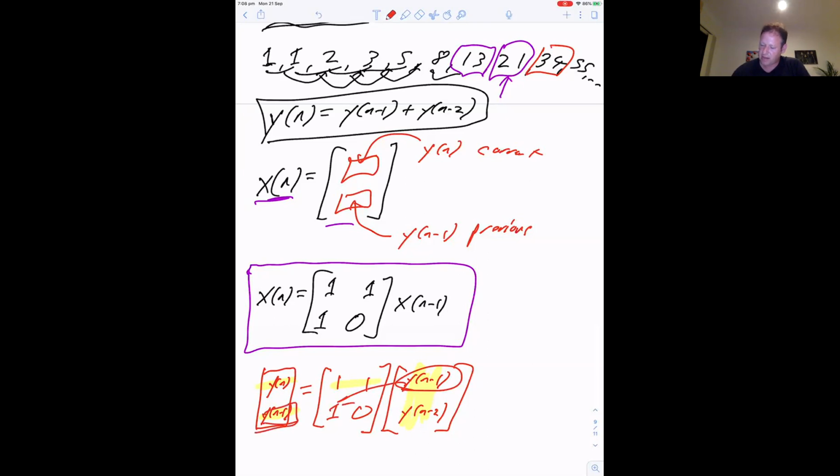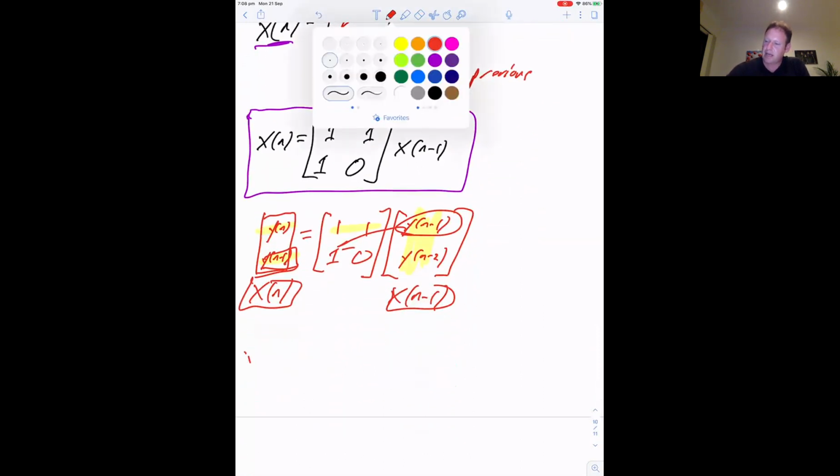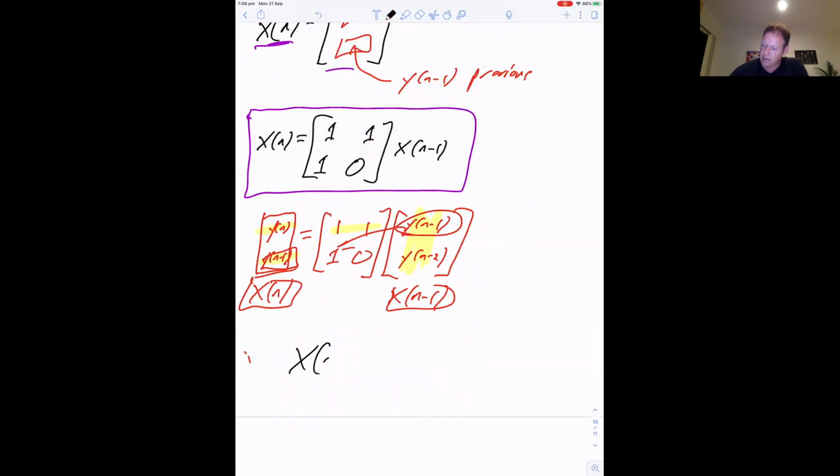Keep in mind, I maybe wrote this in a confused manner. This is xn, and this is xn minus 1. So the state of Fibonacci takes it from xn to xn minus 1, like a linear dynamical system. Xn is A xn minus 1. You see, the matrix kind of simplifies, or in this case might appear to complicate, but actually we'll see how eigenvalues can be used here in a second.